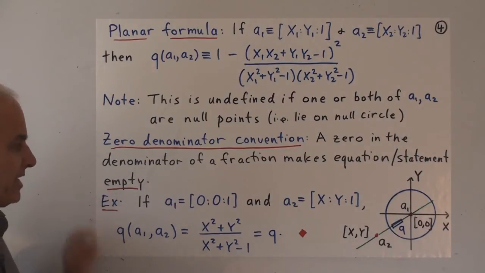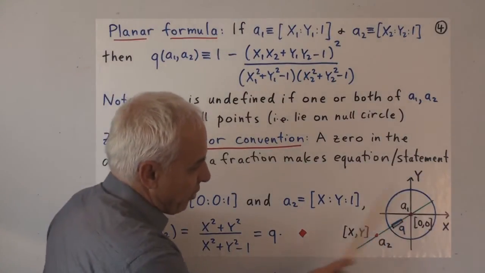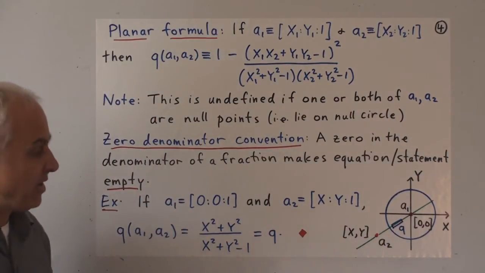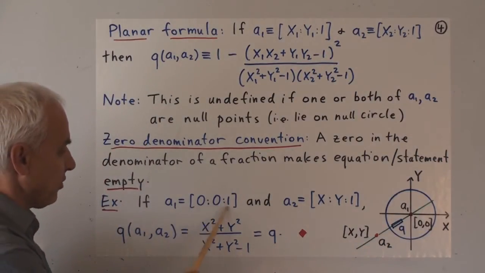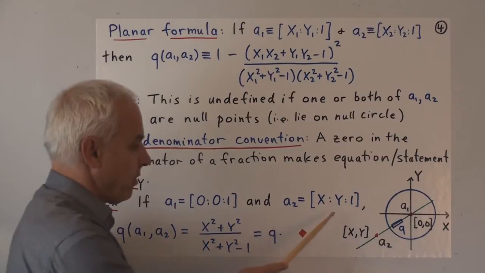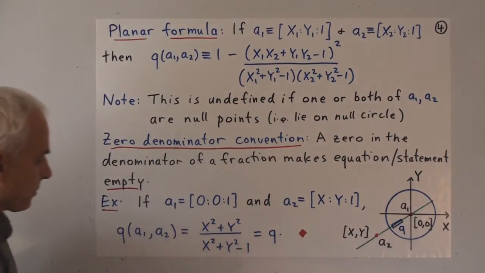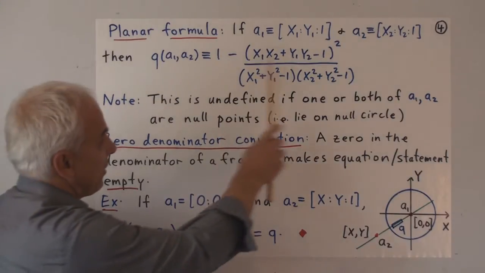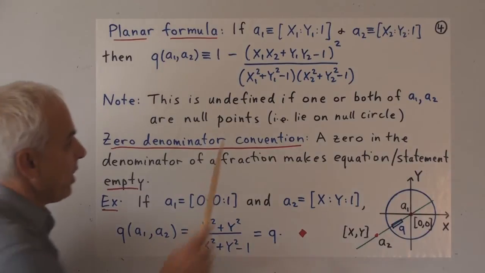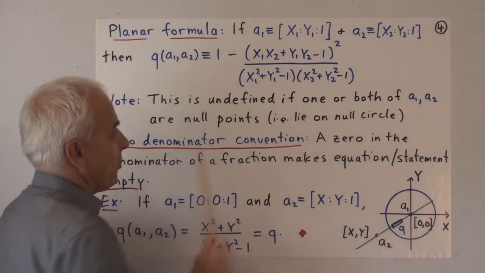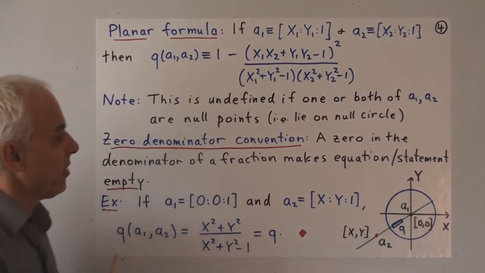So let's have a look now at an example where one of these points is a special point, the point that in coordinates is 0, 0. So A1 will be 0, 0, 1. And A2 can be an arbitrary point in the plane, x, y, 1. Well, in that case, the formula simplifies because this term and this term will be 0, and this term and this term will be 0.